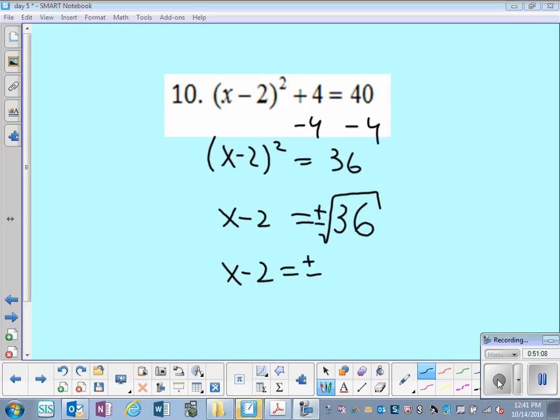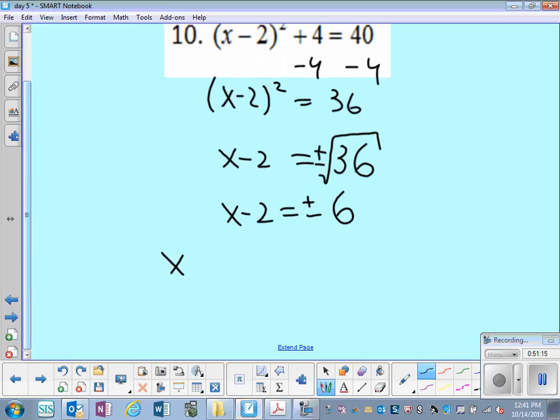The square root of 36 is just 6. And now we solve it, right? So it's either x minus 2 equals 6 or, what is the second one? So this means x minus 2 equals 6 or what is the second equation? x minus 2 equals negative 6, right?